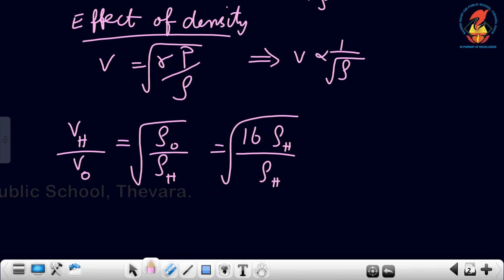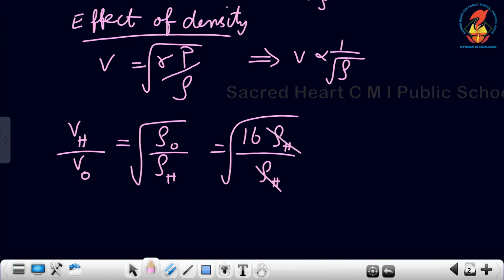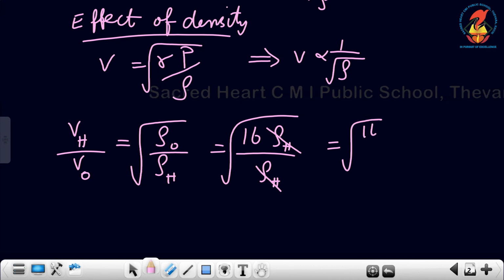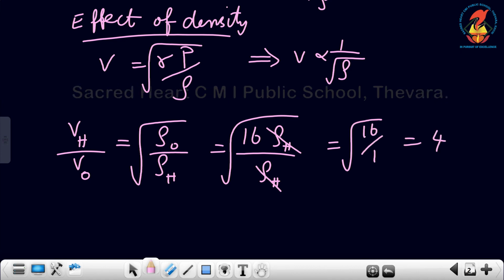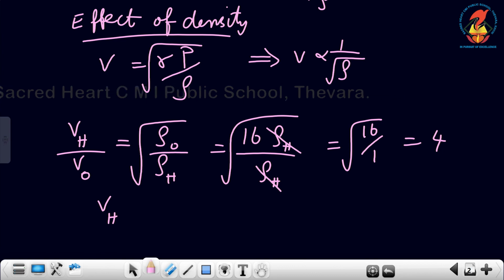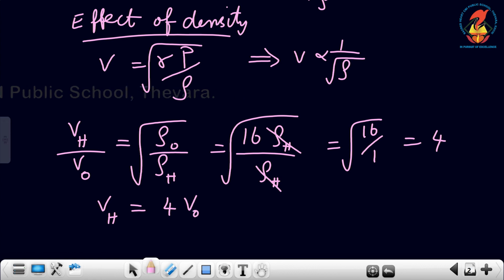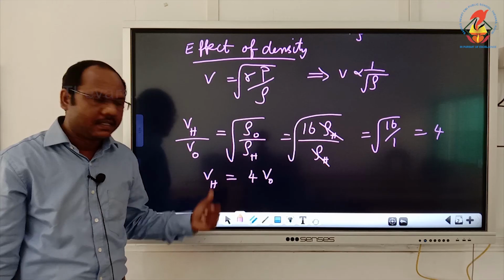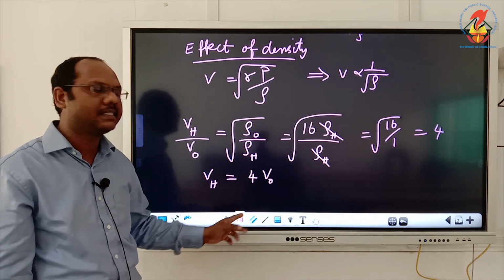Since density is proportional to mass, the mass number of oxygen atoms is 16 and hydrogen atoms mass number is 1. That is why instead of rho O I wrote 16 rho H. So rho H and rho H can be cancelled. So root of 16:1, which is 4. That means velocity of sound in hydrogen is 4 times the velocity of sound in oxygen. Therefore, we can say sound travels faster in hydrogen than oxygen.